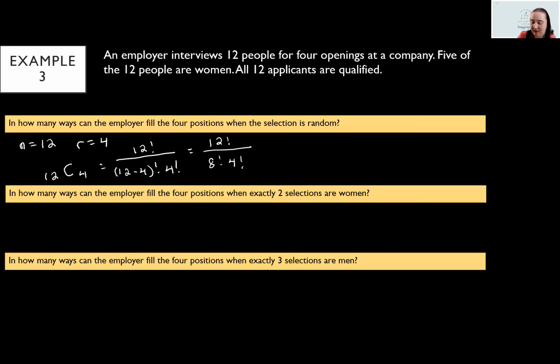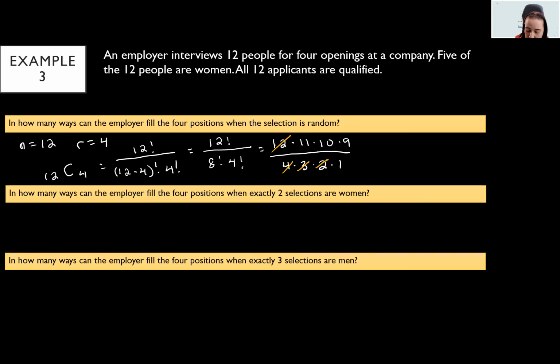But I could do what I did before with simplifying the fractions. 12 factorial divided by 8 factorial will be 12 times 11 times 10 times 9, because the rest of them are canceled out. And then I've got 4 times 3 times 2 times 1. It's not too bad to cancel out this way when the numbers are small. 4 times 3 gives me 12, so I can cancel those out immediately.